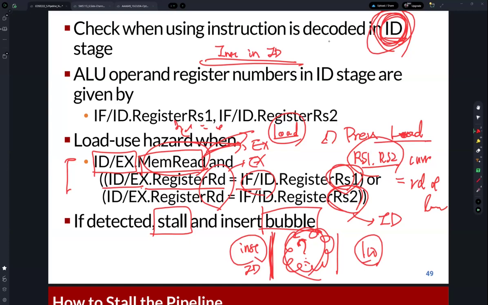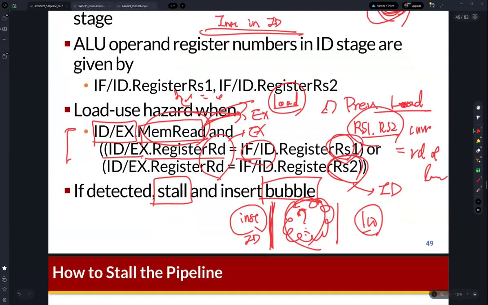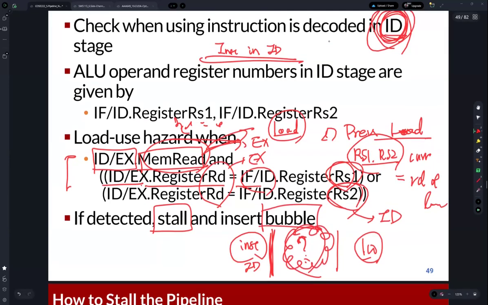And then how can we implement a bubble? I explained that if an instruction is executed, then what is updated? Architectural states. Architectural states means registers and memory, right? And we can control these update processes using control signals.